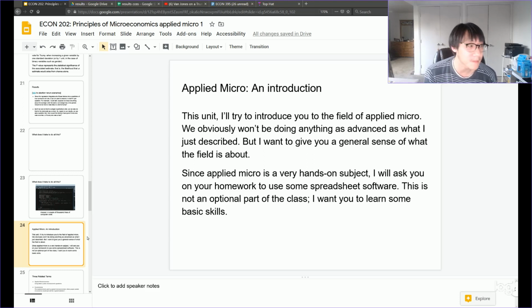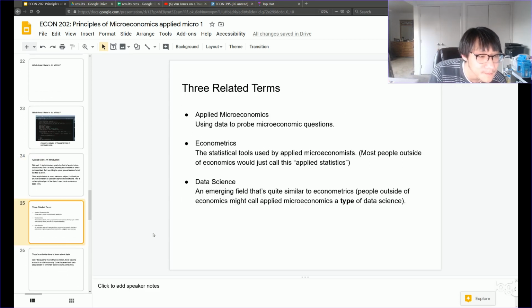And this is not an optional part of the class. I want you to learn some of these basic skills because an understanding of how to use spreadsheet software is the stepping stone to using any of the other data analysis software that's out there. Okay.